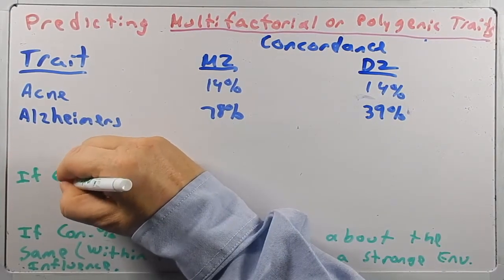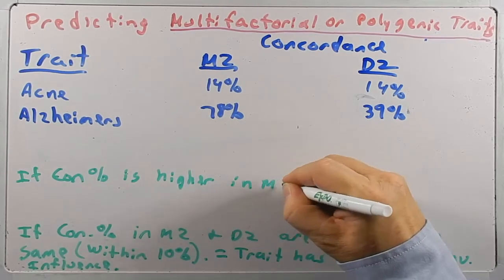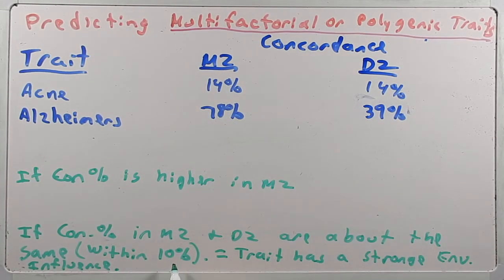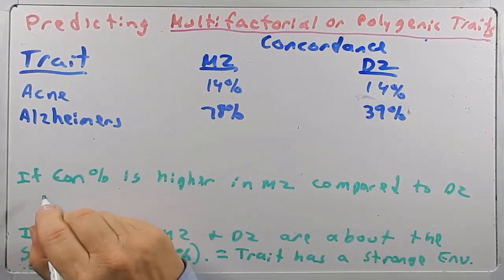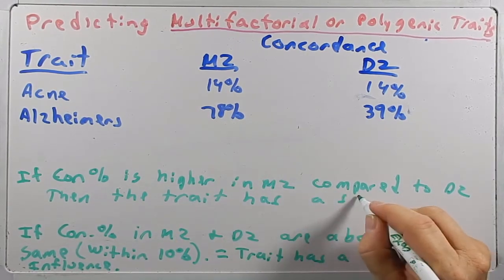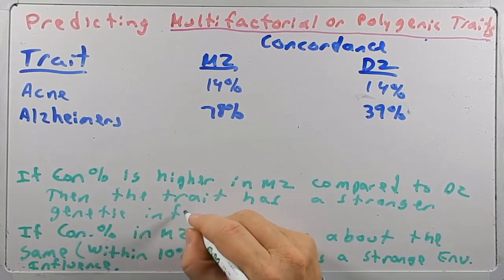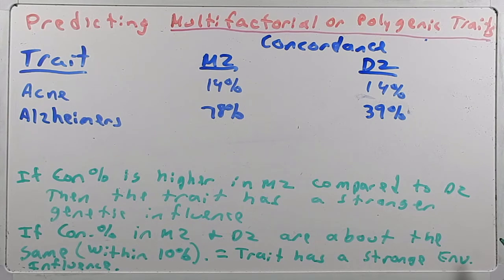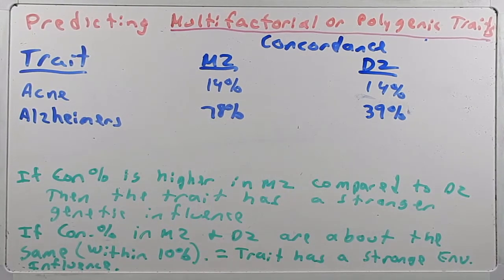If concordance percent is higher in monozygotic twins, more than 10% compared to dizygotic twins, then the trait has a stronger genetic influence. Something passed on from parents to children, a gene, has a stronger effect than just the environment. Now again, it doesn't mean there's no environmental influence, but there is some.